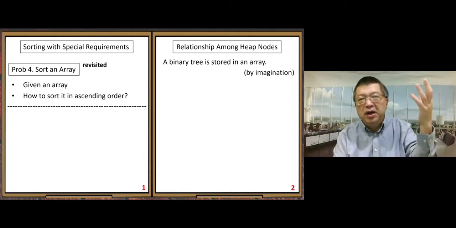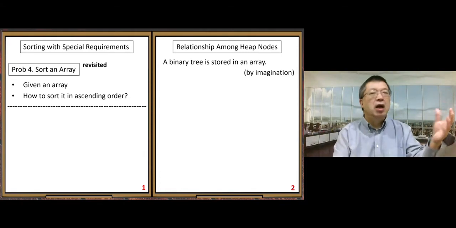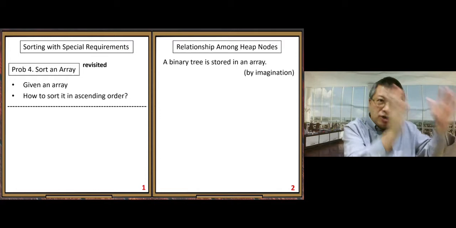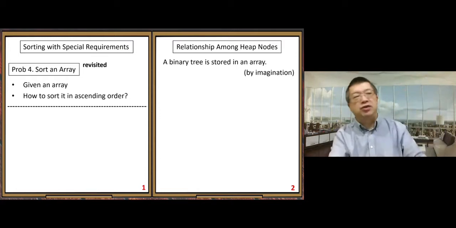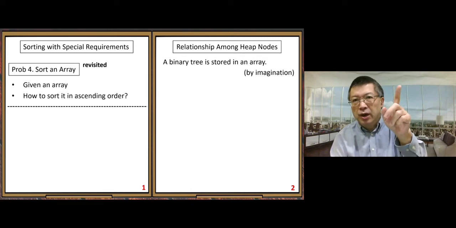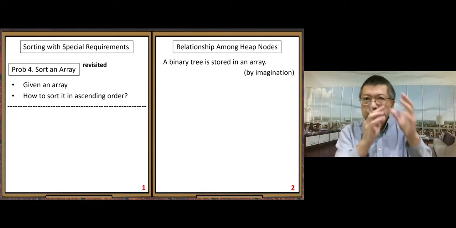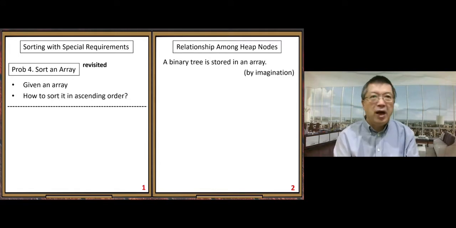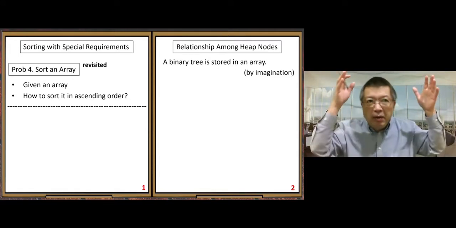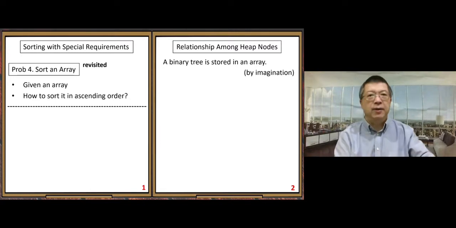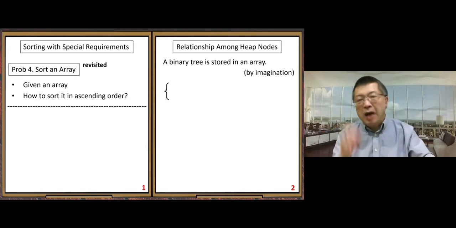Here we can only imagine the data stored in an array has certain binary tree structure. But that binary tree structure, we need to make that part. So right now we do not have that part, but we will add that structure to the array. All right, so let's look how to do it.